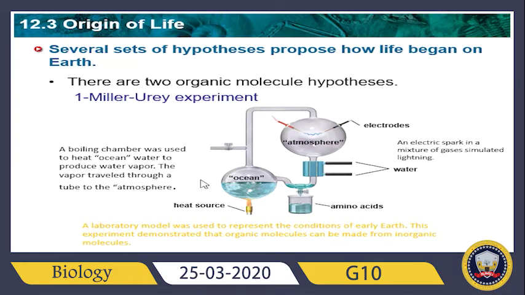Then the vapor traveled through a tube to the atmosphere right here. Then an electric spark in a mixture of gases simulated lightning, and as a result, simple organic molecules such as amino acids were produced, as shown in this figure.